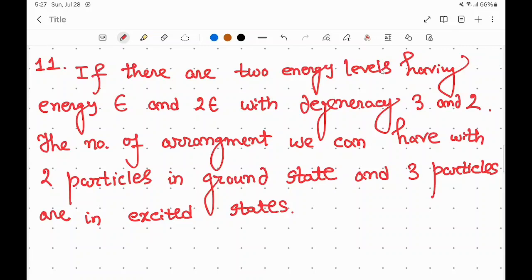Why? Because in the syllabus it is generally Maxwell-Boltzmann. Nowadays, to make the question harder, they are including bosonic and fermionic. Otherwise, you will not have an option regarding bosonic and fermionic.